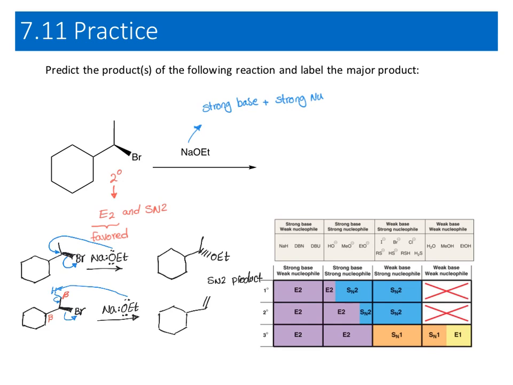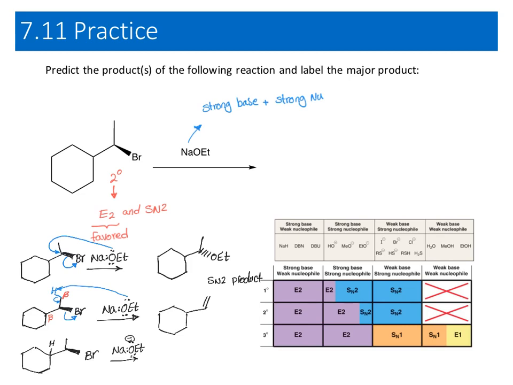Okay. Now if I remove the beta proton from this carbon, so ethoxide acts as a base here.